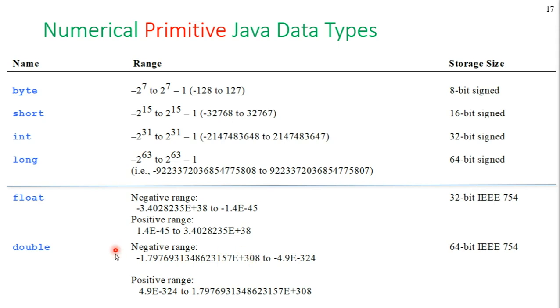So we can store much larger numbers, right? To minus 4.9 exponent minus 324. So it's something very, very, very small there, okay? So that's a negative range. And then the positive range, again, we can go from very low exponent to very high exponent, okay?